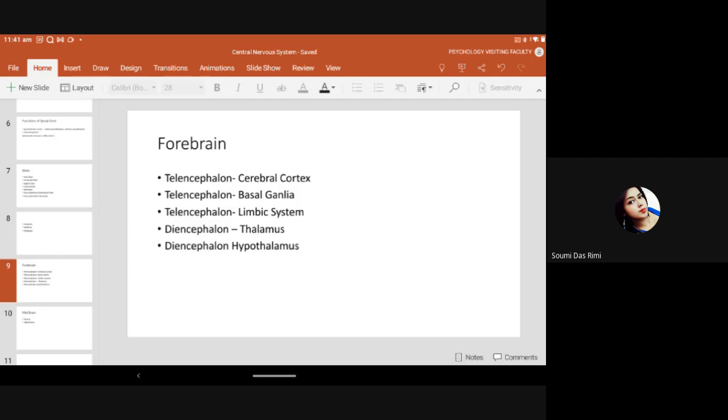Thus, it helps in integrating information pieces together into more meaningful perception. So these are all about this cerebral cortex.